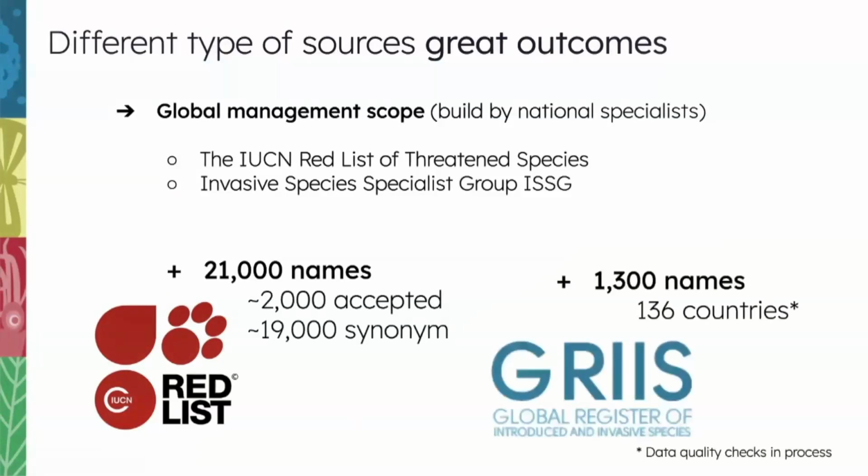From the Global Register of Introduced and Invasive Species, we are getting more than 1,000 names and really good coverage in terms of countries. With these two sources, we are ensuring that Catalogue of Life has good coverage of the species that may be of interest for conservation, governments, and policymakers.